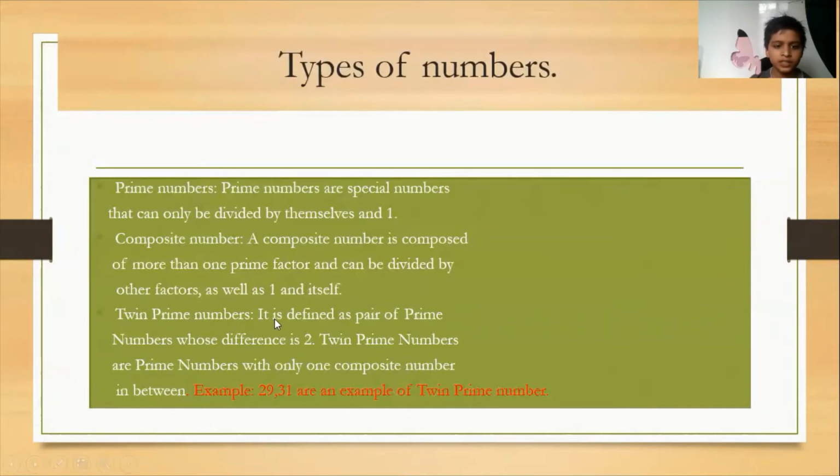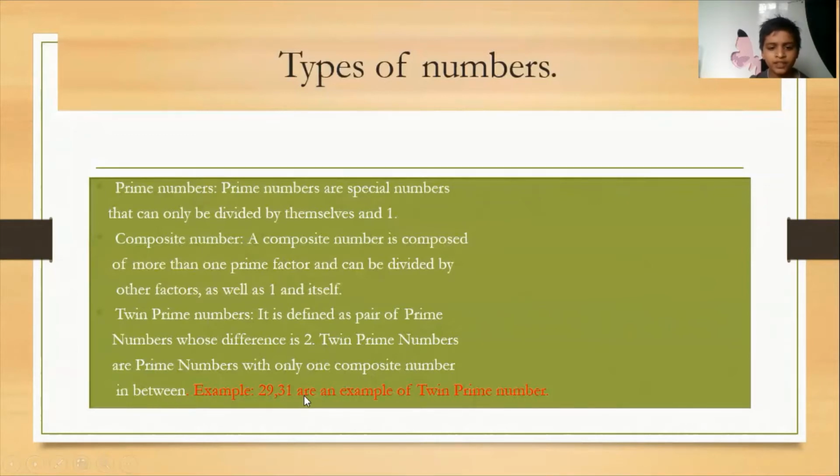Twin primes: defined as a pair of prime numbers whose difference is 2. Twin primes are prime numbers with only one composite number in between.